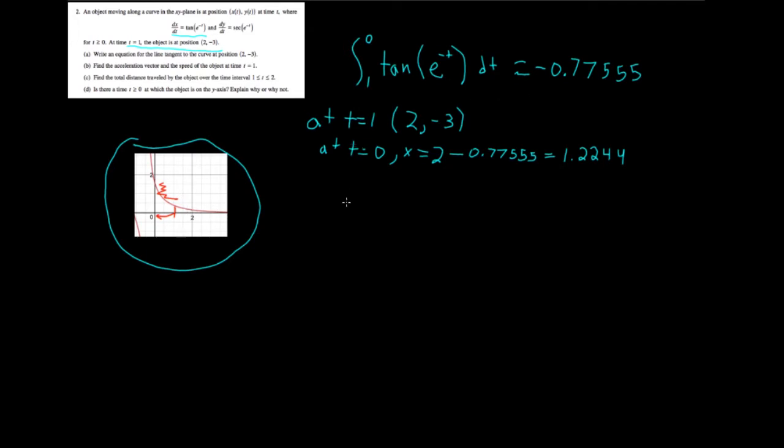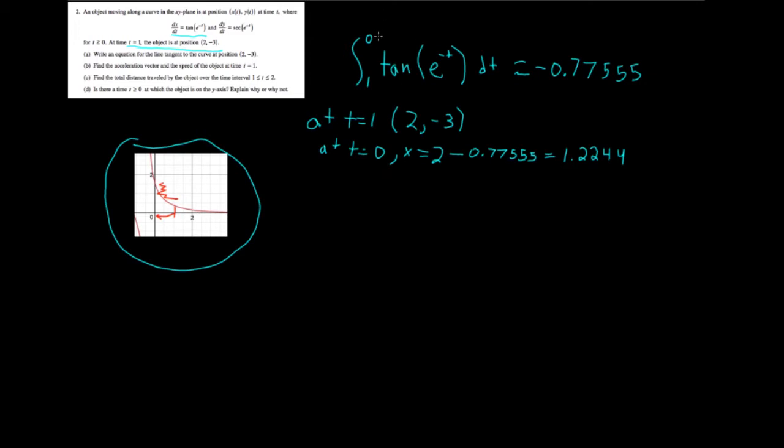So all we need to do is subtract 2 minus the integral from 1 to 0 of dx over dt, because the fundamental theorem of calculus says that the integral from 1 to 0 of dx over dt is how far the object will move in the x direction back from its location. So if we do 2 minus that, we'll get the point where it is at 0 on the x-axis.